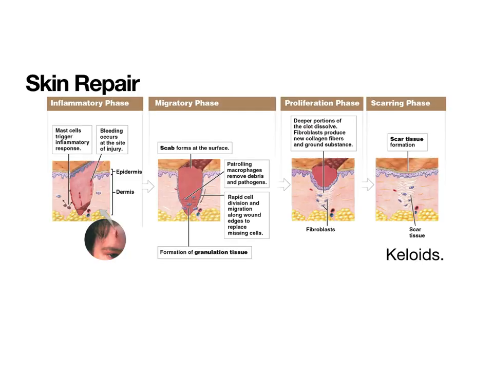Okay, so now we're going to go on to skin repair. There are four different phases that the skin goes through to repair itself. The very first response is the inflammatory response. The initial injury causes bleeding and mast cell activation. I alluded to mast cell activation a little bit earlier in a couple of slides.